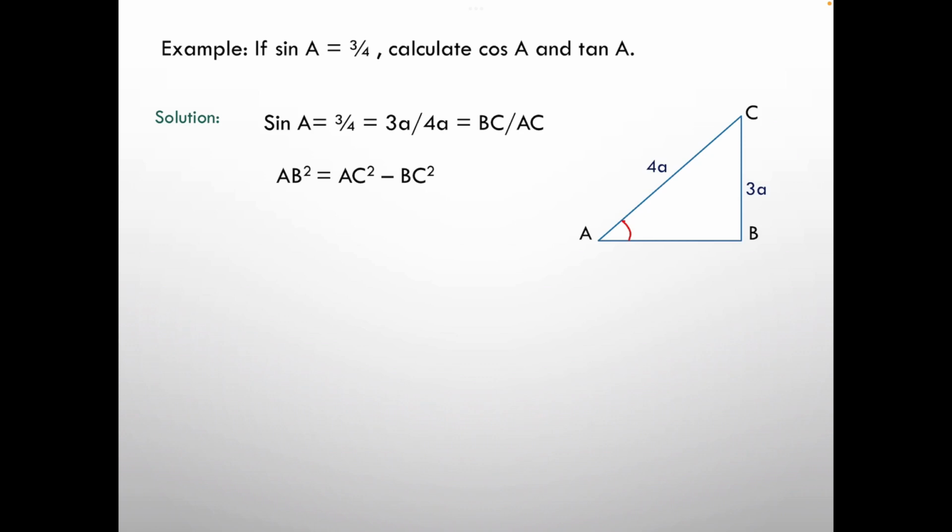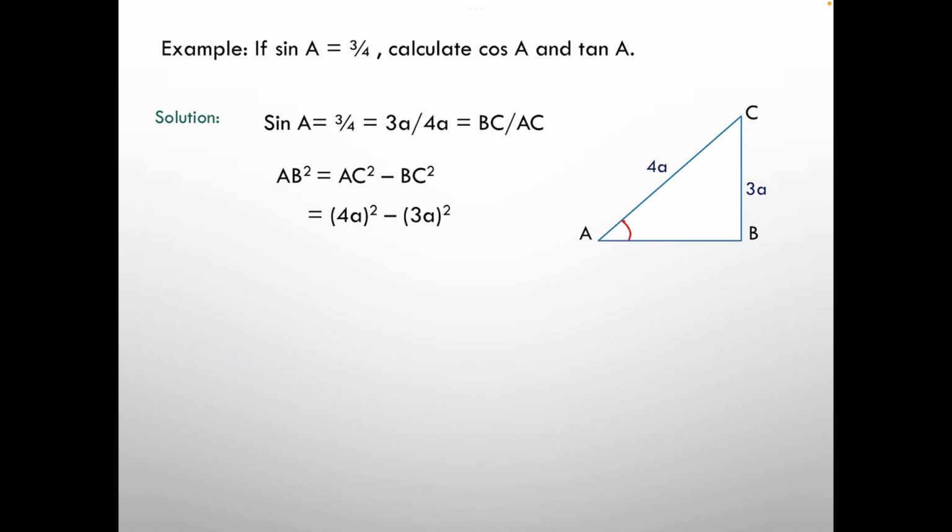Now, if you are given a ratio like this, you know two sides, so you need to find the third side to find the other ratios. To find the third side we use the Pythagoras formula. The square of the hypotenuse equals the sum of the squares of the remaining two sides. To find AB, AB square is equal to AC square minus BC square.